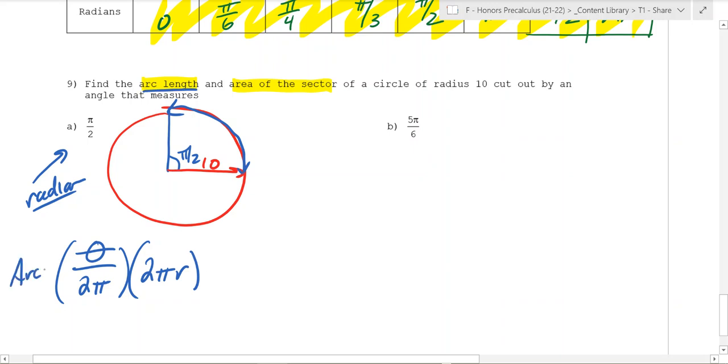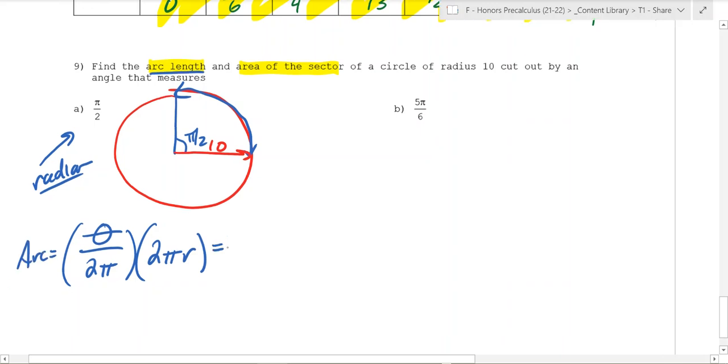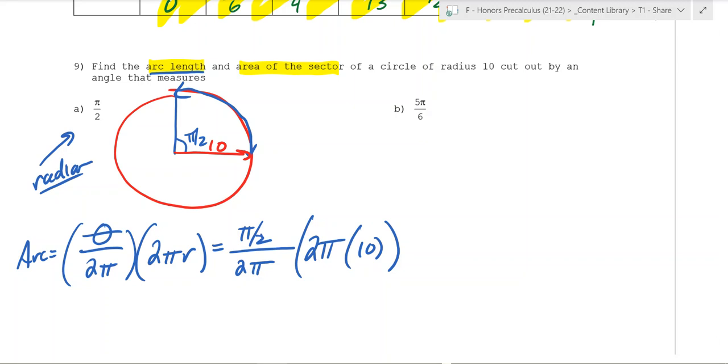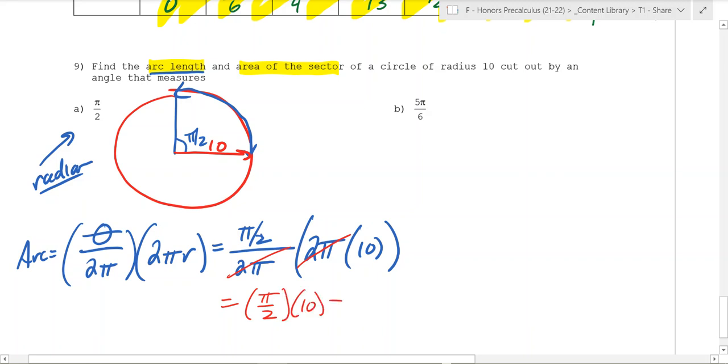So in this case, we end up with pi over 2 over 2 pi times 2 pi times the radius, which is 10 right there. So what happens here, you get this a lot. These cancel right here, and you end up with, with a dog in the background making noise, but that's okay, pi over 2 times 10, which is 5 pi. So that's the arc length.